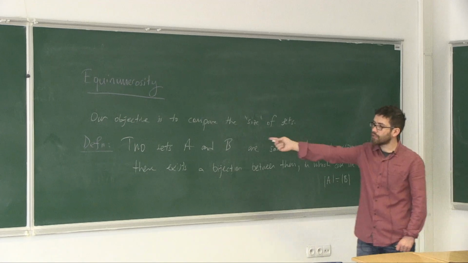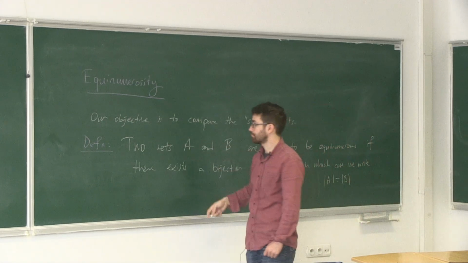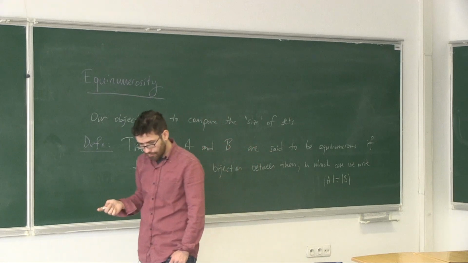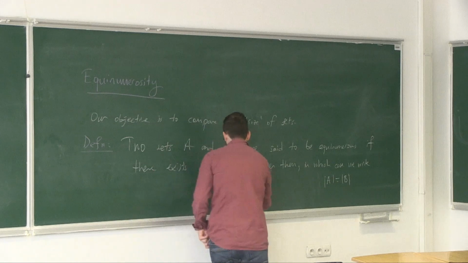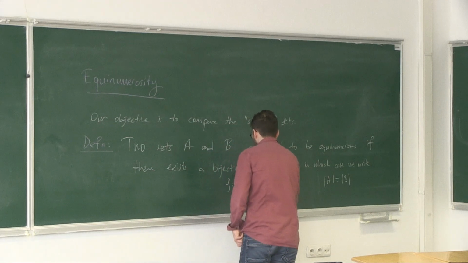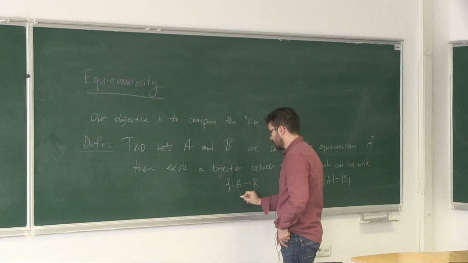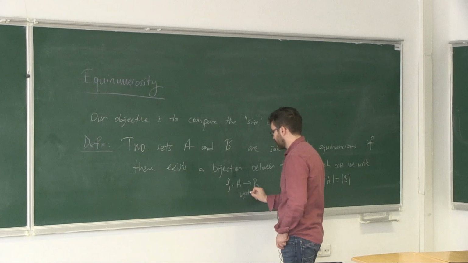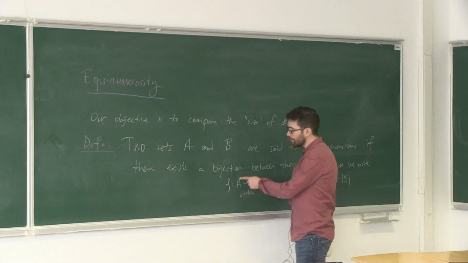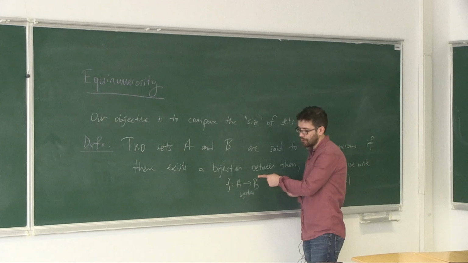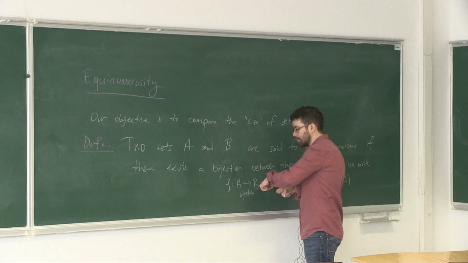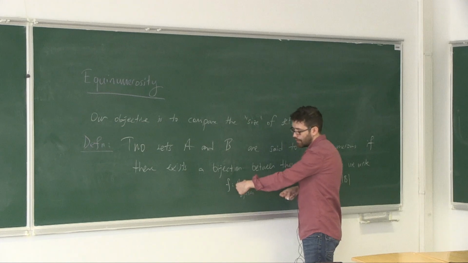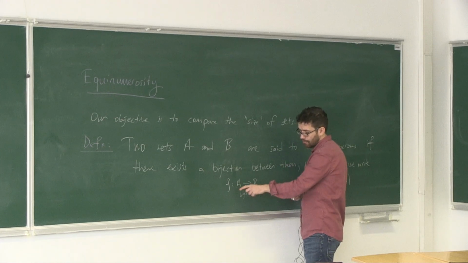Now you have two collections of sets. If there is a bijection between them, if there is a function which is 1 to 1 and onto from A to B, then for every element of A, you have a unique element of B, so that these are associated, these are linked. And for every element of B, there exists some element of A which maps to that guy, so they're related as well.